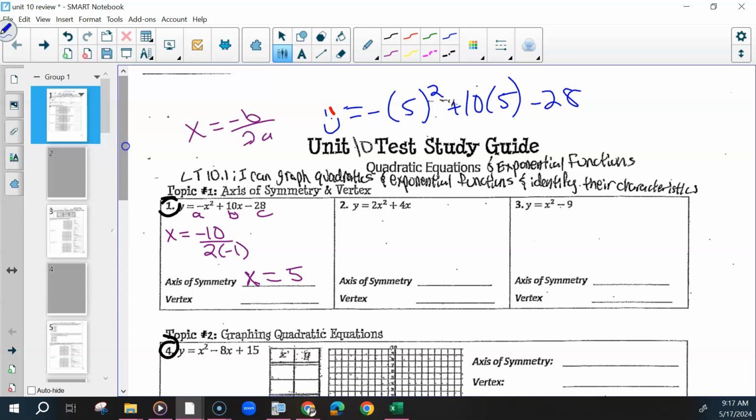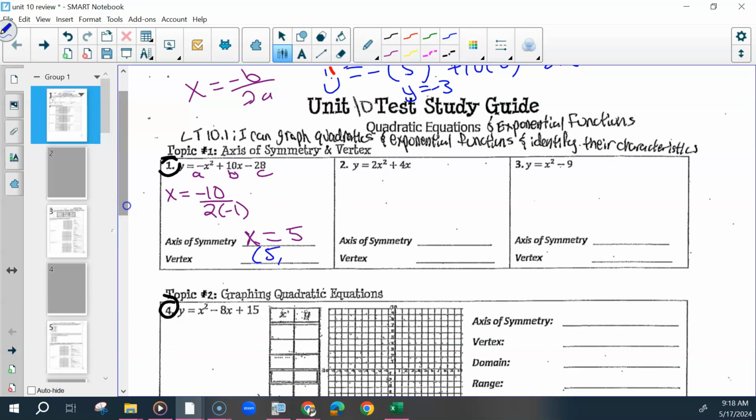You could do that in the calculator or by hand. Find what that would be. Negative 3. So my vertex would be 5, negative 3.